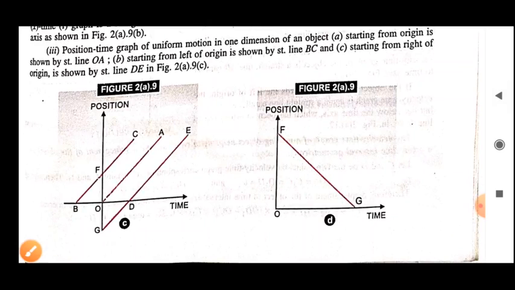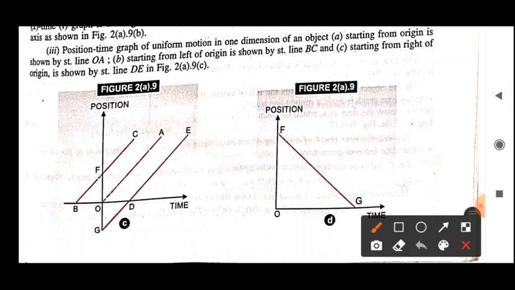The next graph: in this graph, the first line OA represents that the object has started its motion from the origin, that is, from t equal to 0 and x equal to 0, and then its position and time are continuously changing.